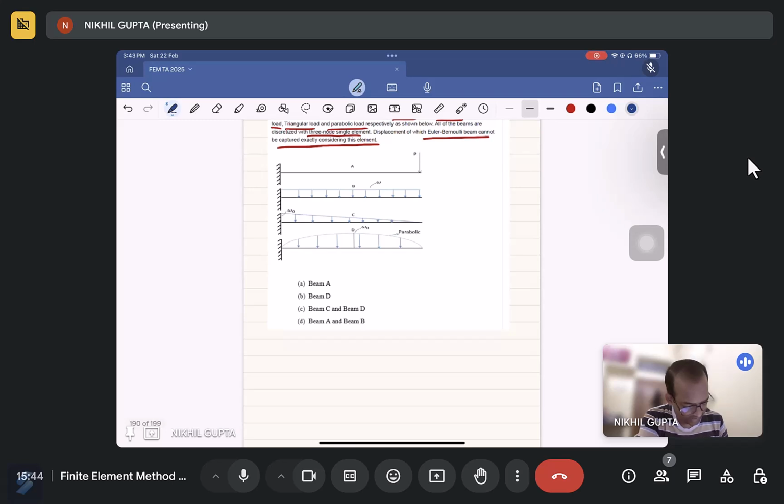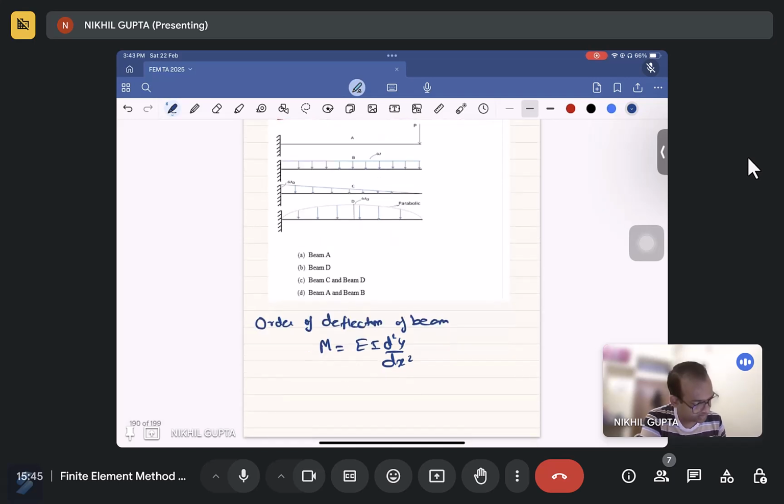So we have to find how much order of deflection is present in the beam. We all know we can define moment as EI d2y by dx square.